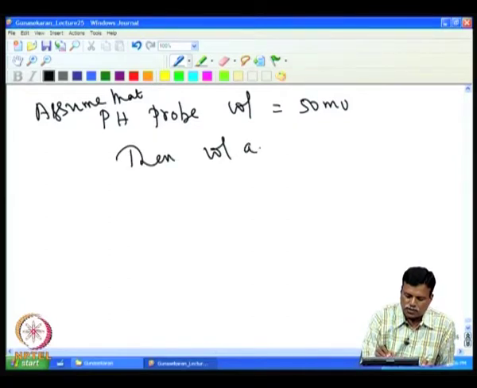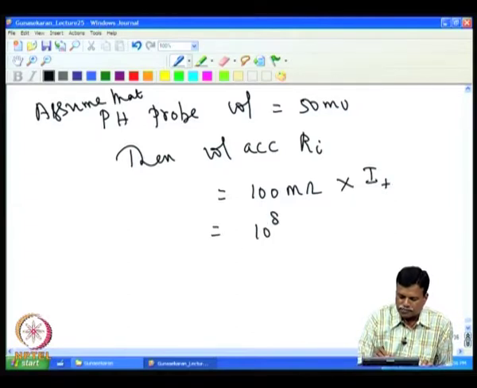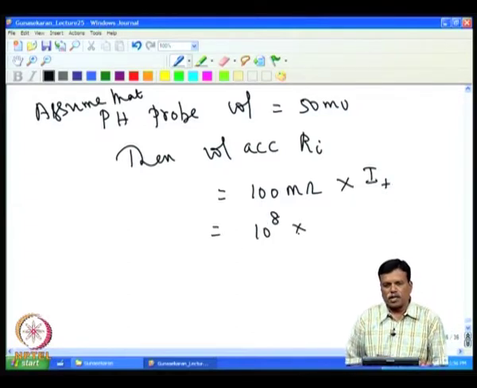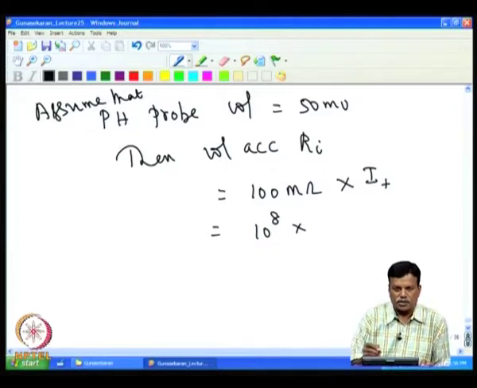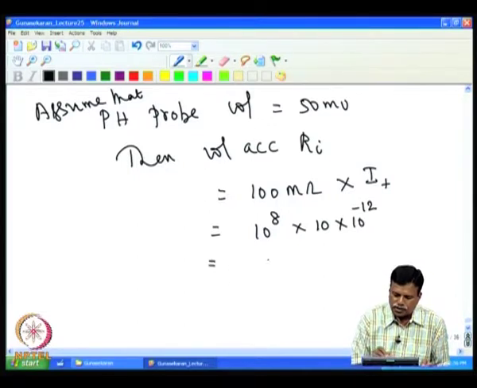The voltage across RI, that is equal to 100 megohm, that is 10 power 8, 100 megohm into I plus, that is 10 power 8 into I plus. Suppose it is a 10 picoampere, then it will be 10 into picoampere, that is 10 power minus 12, then that will be 10 power minus 3 volts.